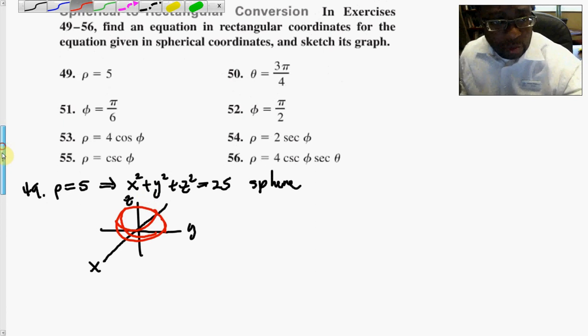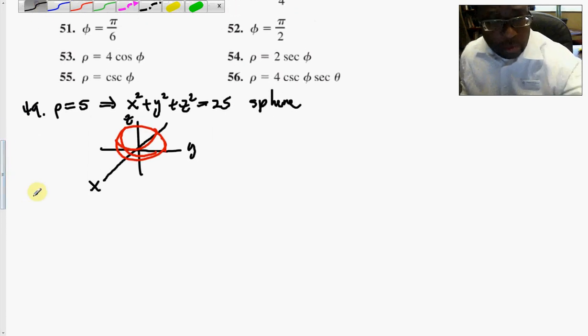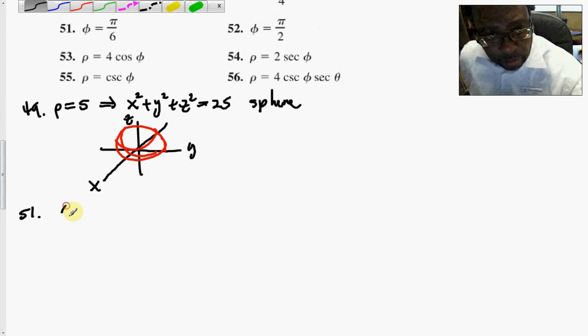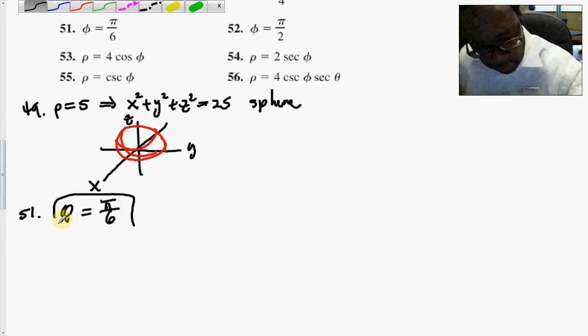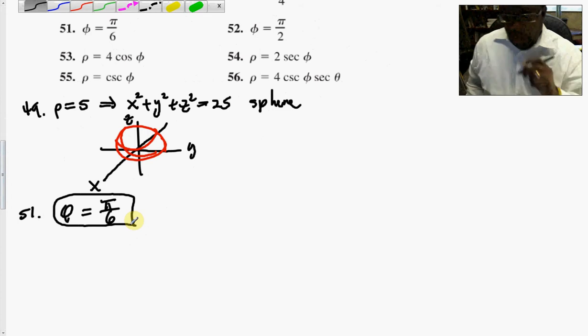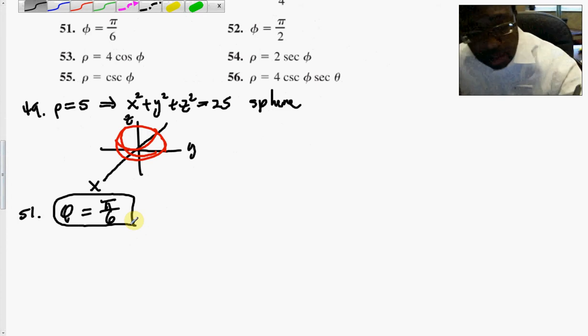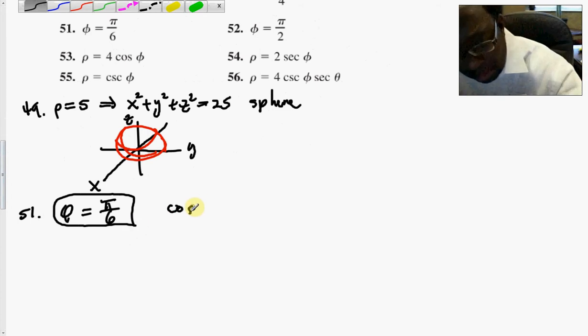Number 51. Phi is equal to pi over 6. So let's look at the cosine of this phi.